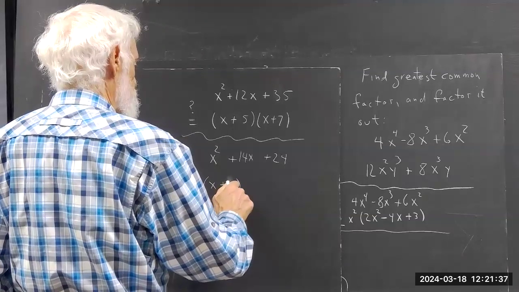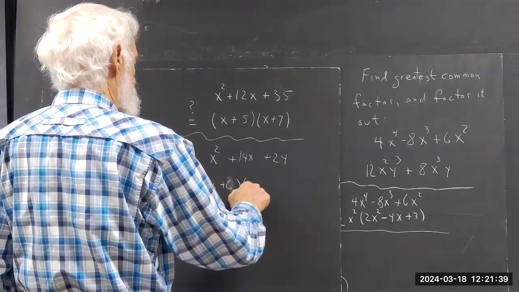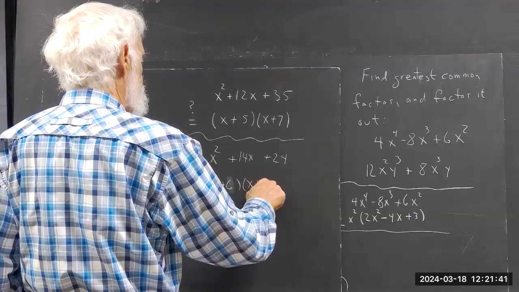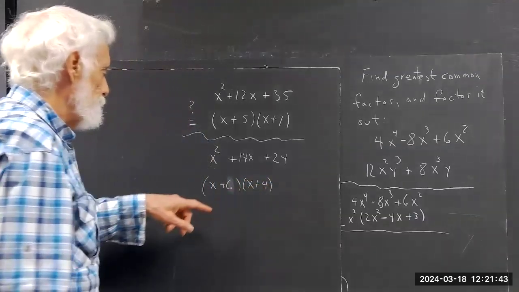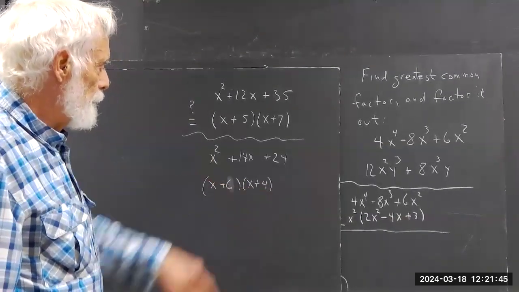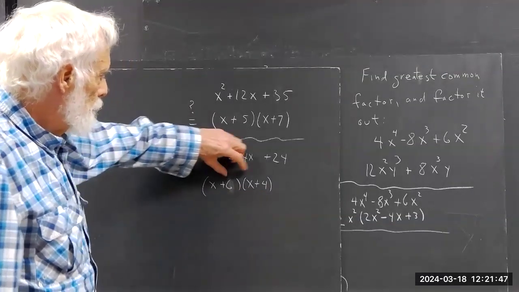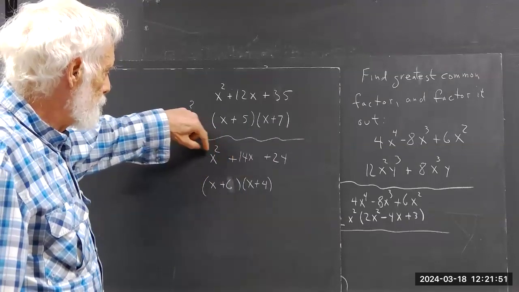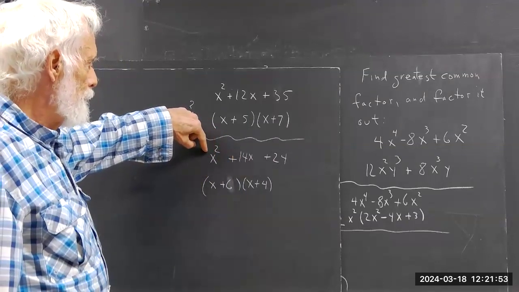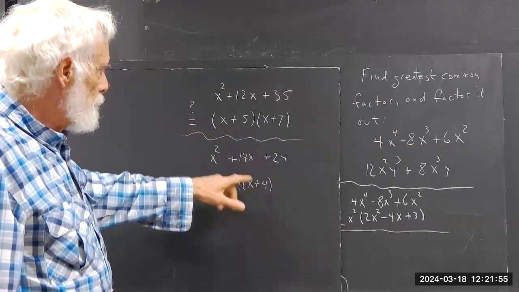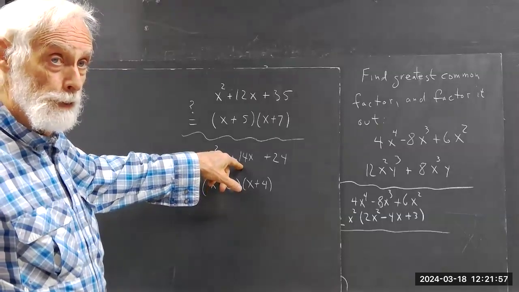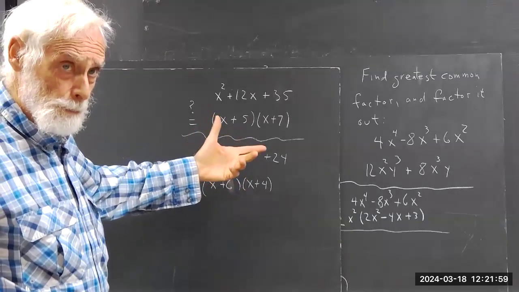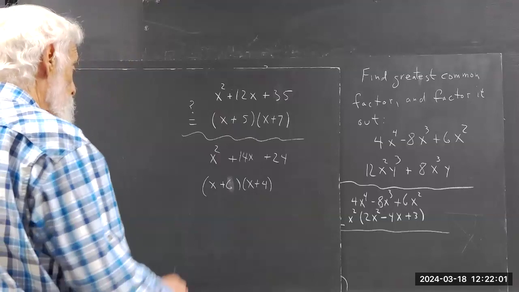Could this be x plus 6 times x plus 4? Well, 6 times 4 gives us 24, and x times x gives us x squared. If I do the rest of the distributive law, do I come up with 14x? Turns out I don't.